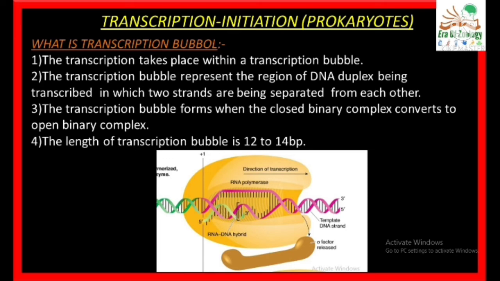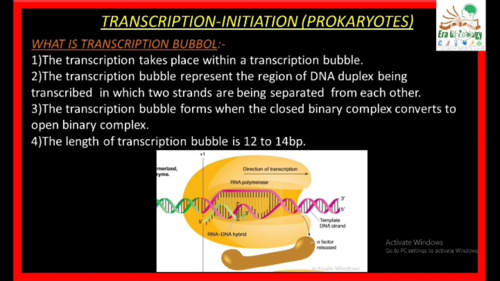The transcription bubble forms when the closed binary complex converts into the open binary complex, or you can say the closed promoter complex converts into the open promoter complex. The length of the transcription bubble is 12 to 14 base pairs.